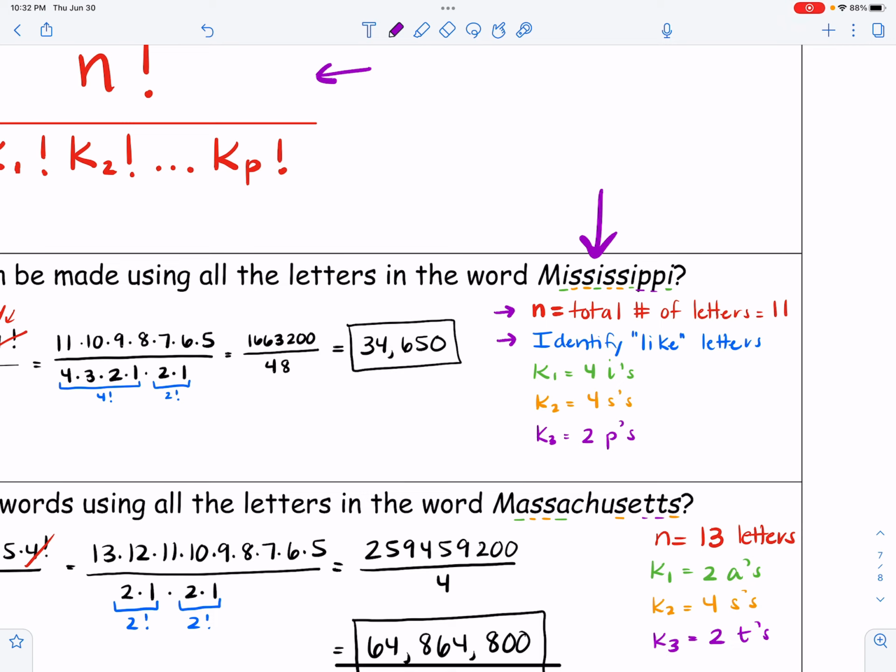We're going to call these groups K1, K2 for however many you have. So K1 for me, I looked at the I's. The I's repeated, there were 4 of them. K2, I looked at the S's. Again, there were 4 of them, so K2 is 4. The other repeating letter was a P, and so K3 was equal to 2.